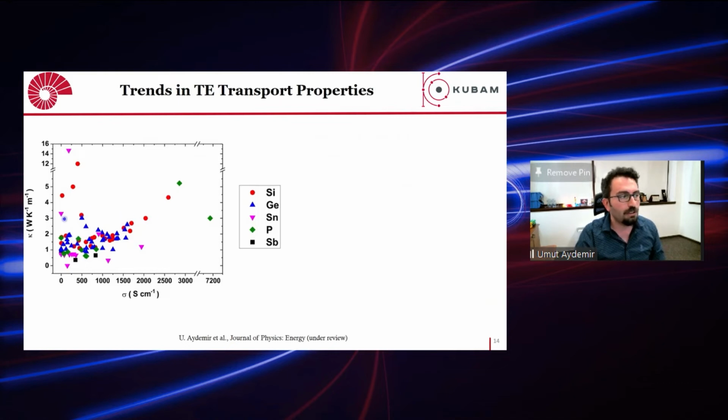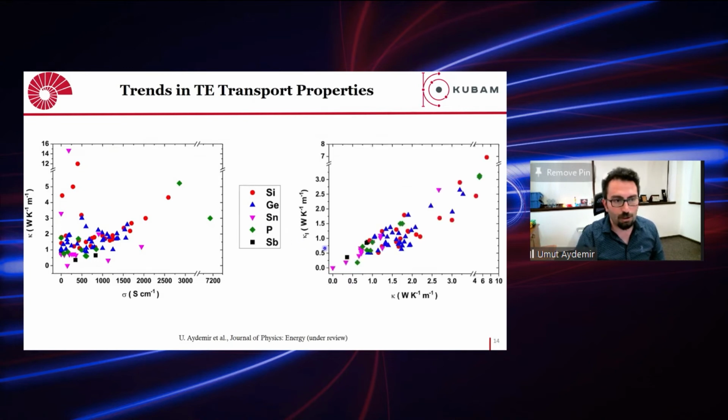So most of them show less than 3 watt per meter Kelvin of thermal conductivity, and as you can see here, the lowest ones are the heavy ones, which are actually the tin clathrates. So as you look at the lattice thermal conductivity, if you fit a line here, you can see that the contribution of the lattice thermal conductivity to the total thermal conductivity is around 70%.